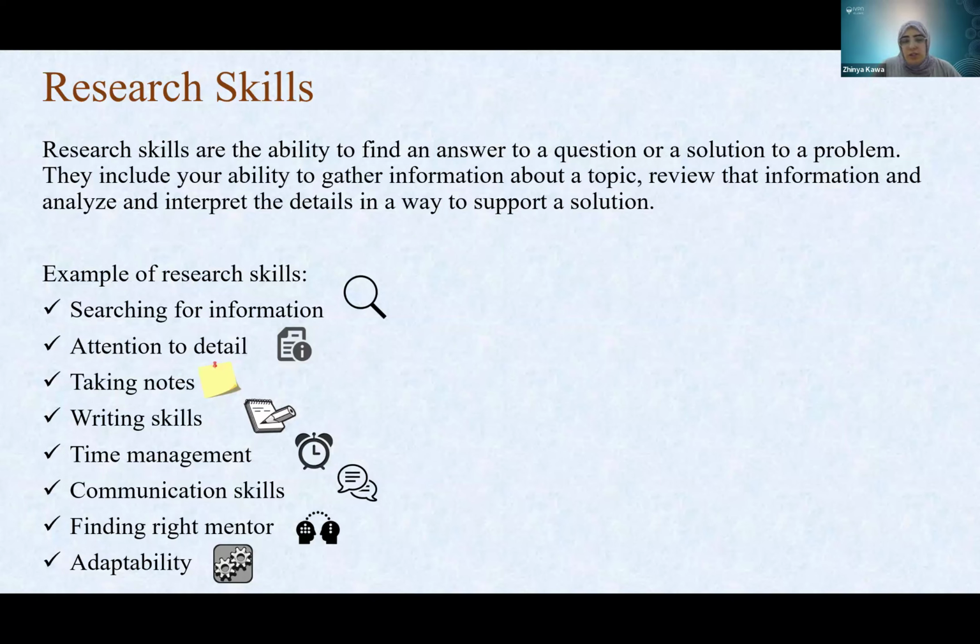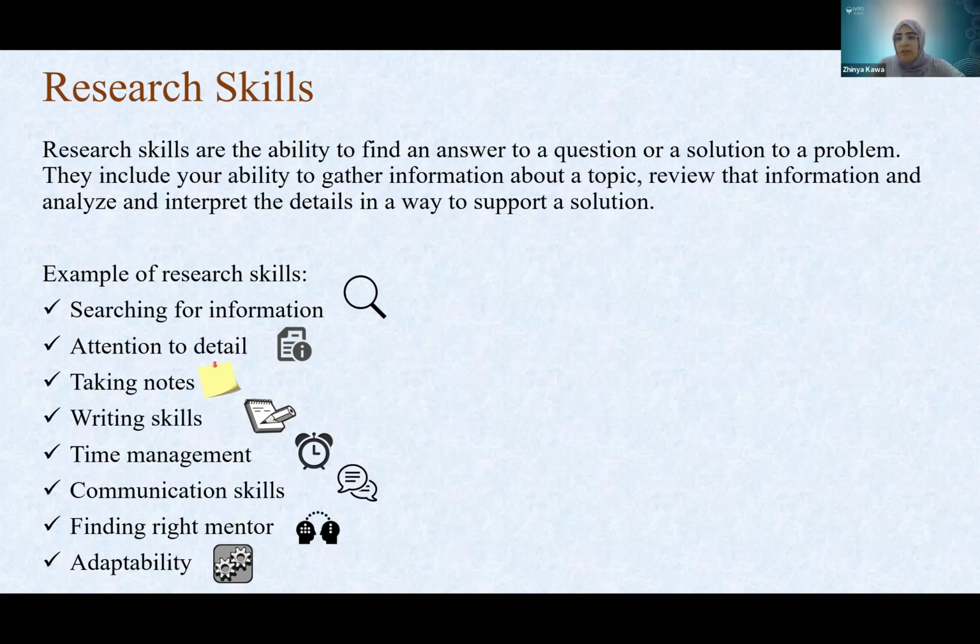So here we have several research skills, which help you to more quickly and more swiftly answer a question or find a solution or add new information to the literature. We have different examples of research skills, and I just mentioned these pointers, but definitely we have so many more. The first one is searching for information.